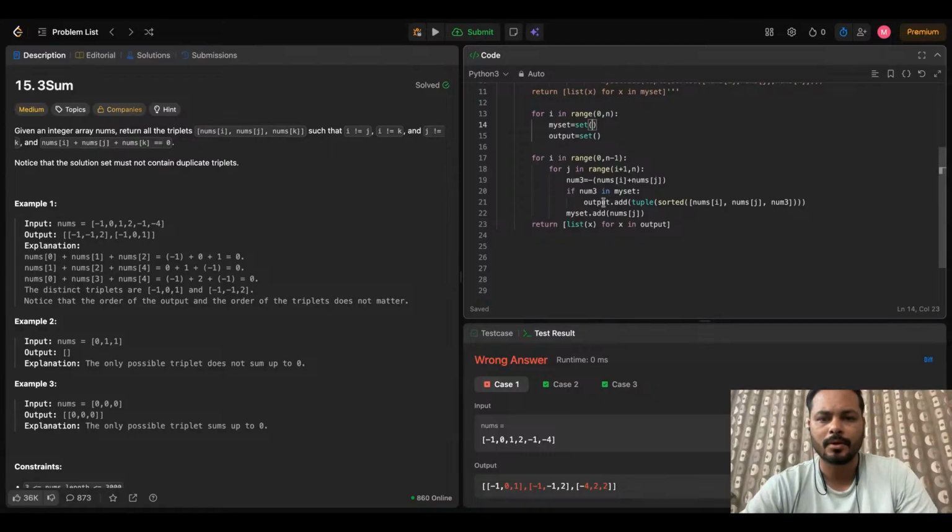But can I put this outside the for loop?